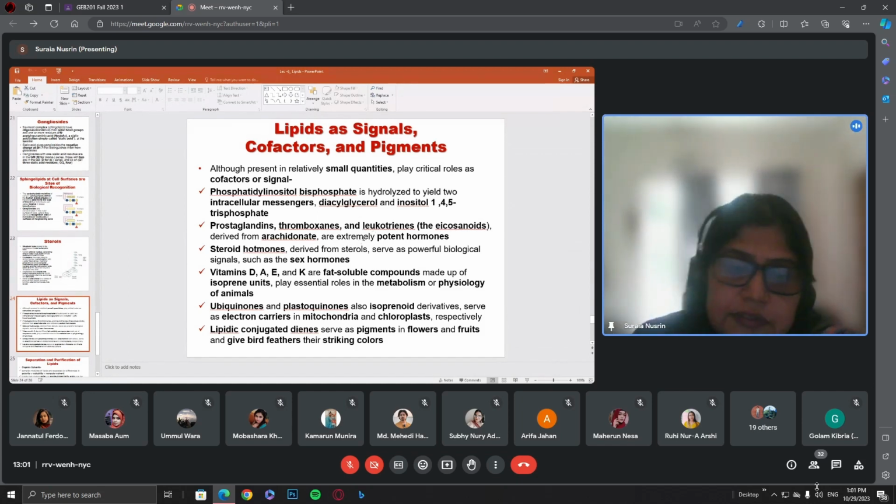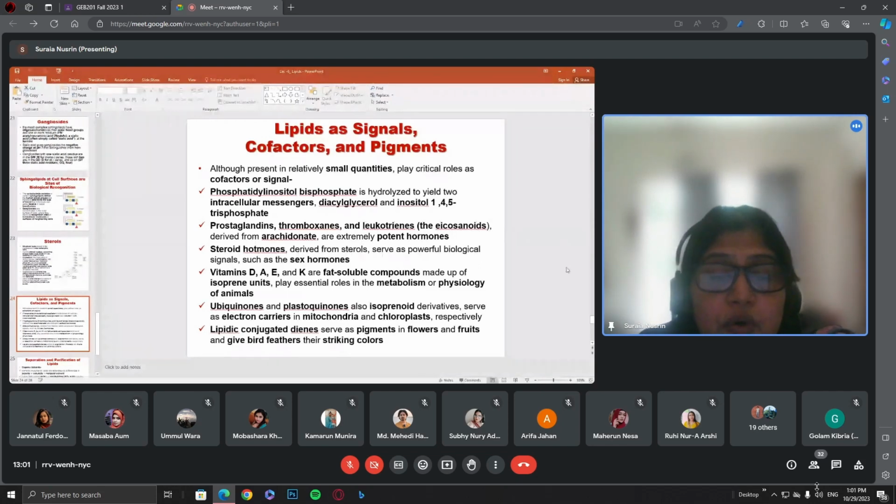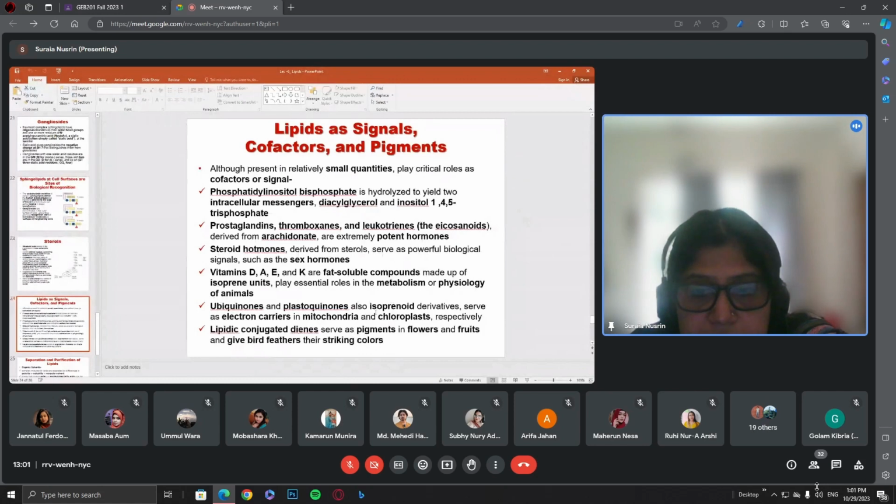And other molecules such as ubiquinones, plastoquinones, they are also synthesized from isoprenes, and they are functioning as the electron carriers, such as ubiquinone is present in mitochondria and functioning as the electron carrier.